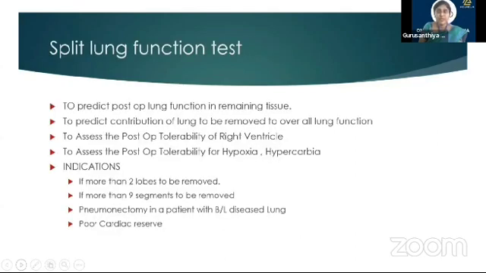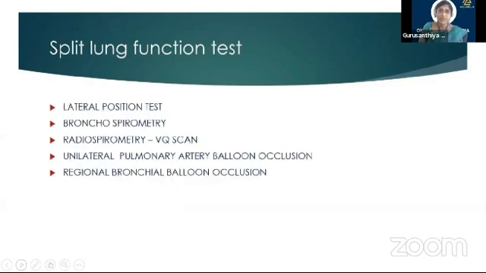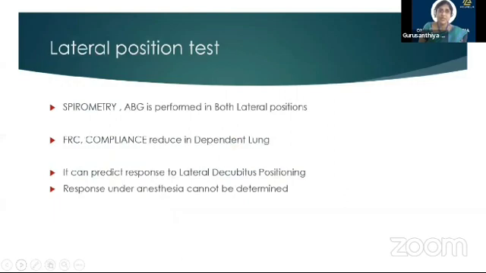So the split lung test, I'm not going to go into detail. This is not done as routine practice. This is actually done postoperatively to determine how the postoperative lung function is going to be, and if 2 lobes or more than 9 segments are going to be removed in a bilateral lung disease patient. It includes the lateral position test wherein the spirometry itself is done in the lateral position.